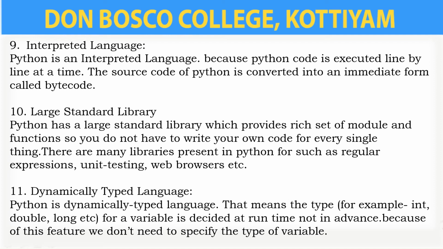Python is a dynamically typed language. That means the type of a variable is decided at runtime. We do not need to declare it first. We do not need to mention in advance which variables we use and what data types they are. So these are the topics I have explained today.